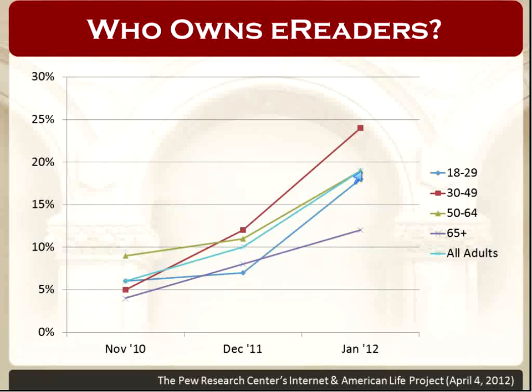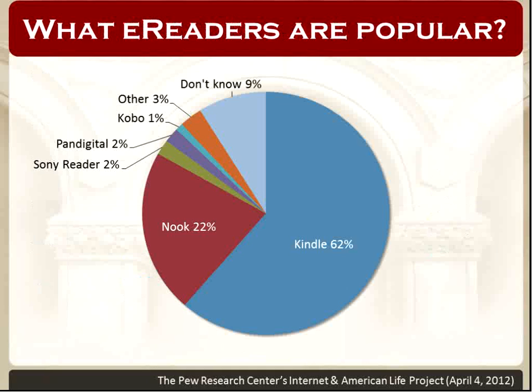So that's quite a bit of growth in a year and a half. Our general demographic of 18 to 29-year-olds is the blue line, and while they didn't have a whole lot of change from November 2010 to December 2011, ownership among 18 to 29-year-olds is also at about 18%. So even with our traditional and slightly older non-traditional students, e-reader ownership is quite strong.